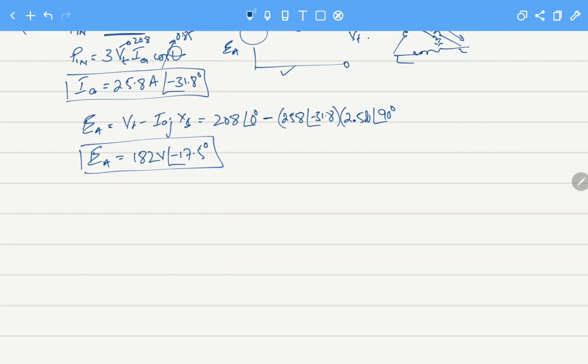If we want to draw the phasor diagram for this, this is Vt, and what about our current? This is IA, and the angle is minus 31.8, that is the power factor was lagging. To draw the vectors, this will become minus IA j XS, and this will then be converted into this value.